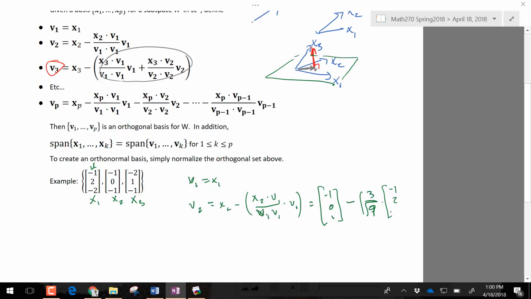Minus 1 to negative 2. What is this? This is 1, right? So I have minus 1 minus negative 1, that's 0. 0 minus 2, and 1 minus negative 2, 3, right? Is that right?